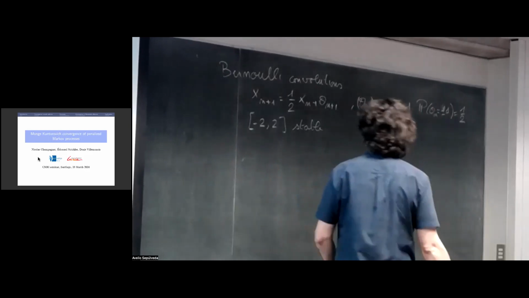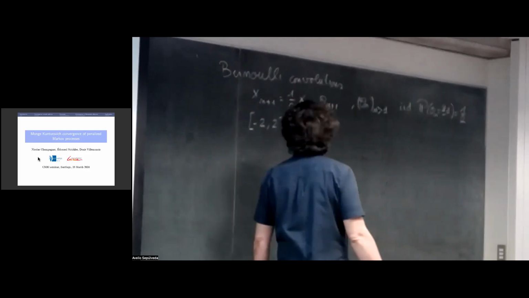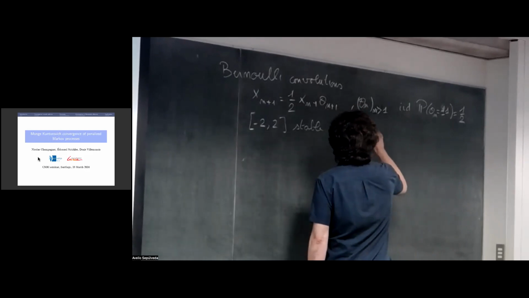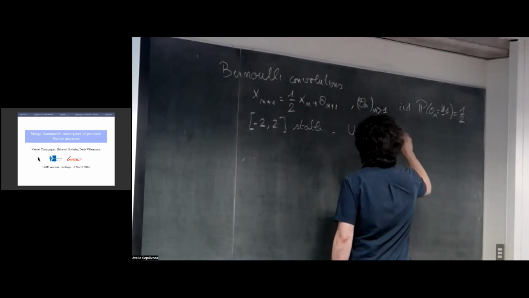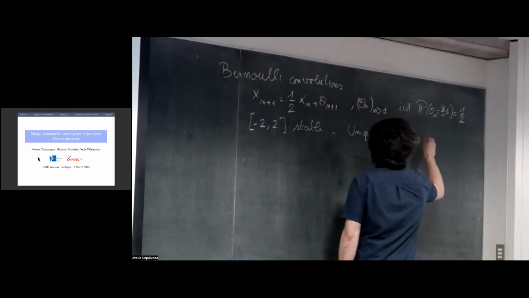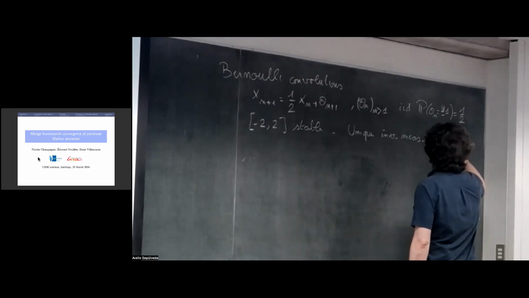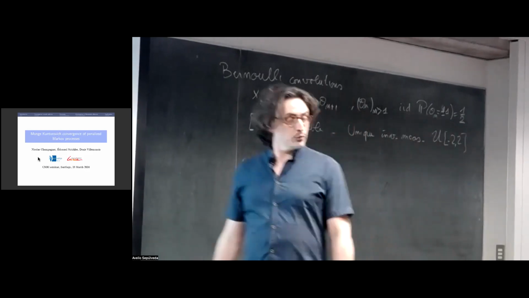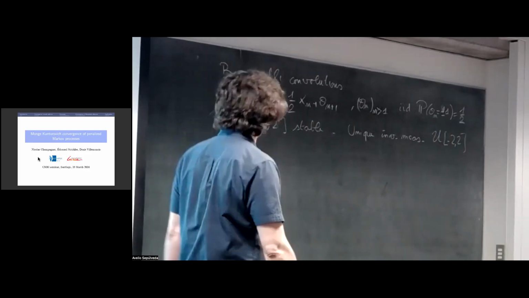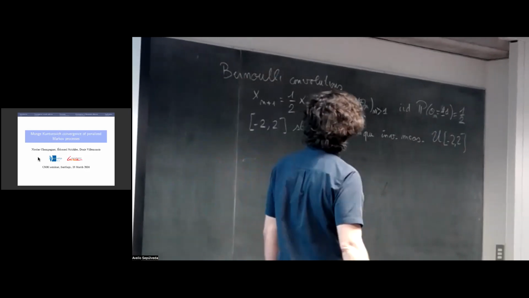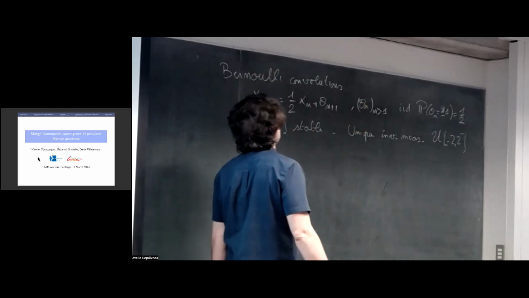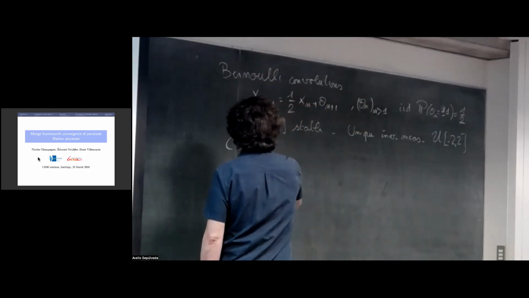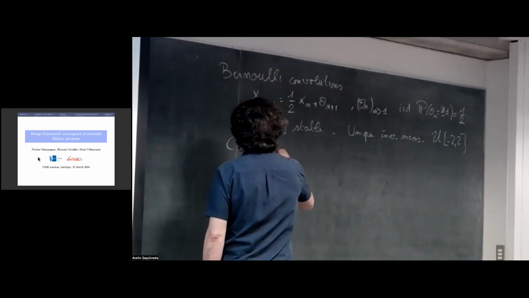And then, of course, this is an ergodic Markov chain, and the unique invariant measure can be checked here to be the uniform distribution on the interval -2 to 2. And of course, convergence to the equilibrium is quite easy to handle because you have a standard coupling. And so the coupling, let me write it down. It's very simple.